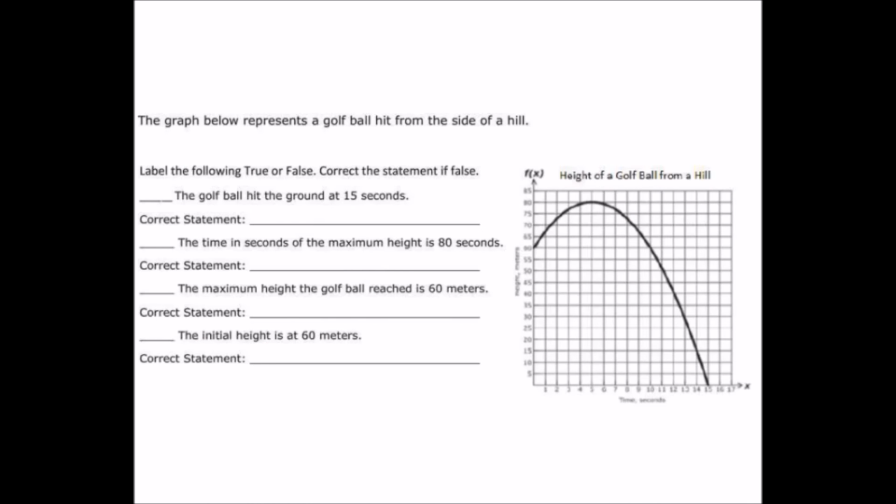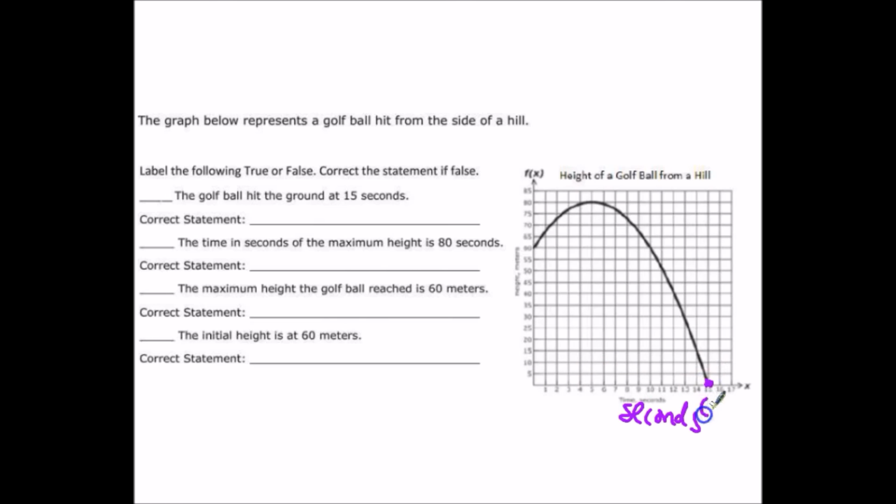Next type of problem here is true and false questions. The graph below represents a golf ball hit from the side of a hill. So true or false? The golf ball hit the ground at 15 seconds. Did it hit it at 15 seconds? Well, we know this is height, this is seconds. I'm going to write this a little bit bigger for you. And we're going to go over, bam!